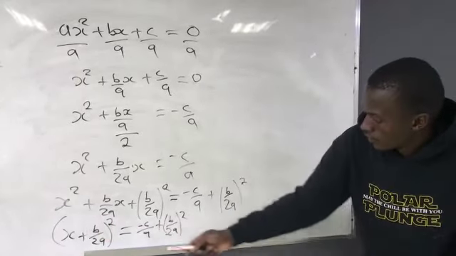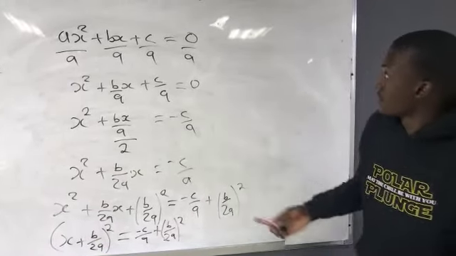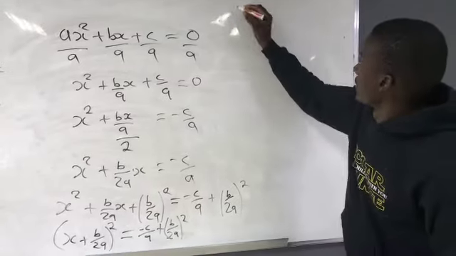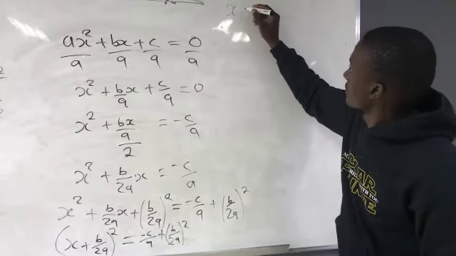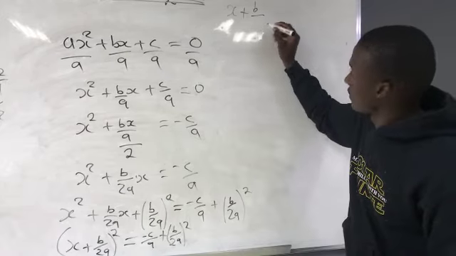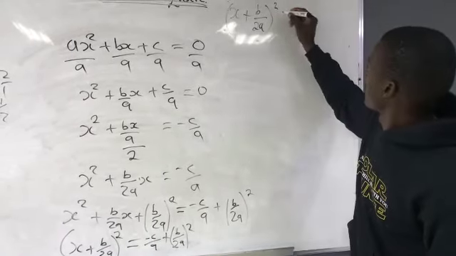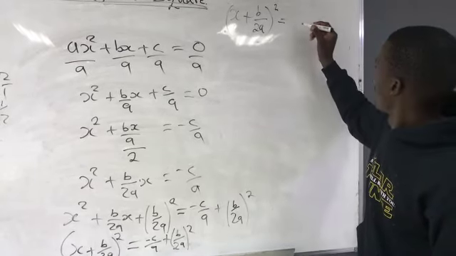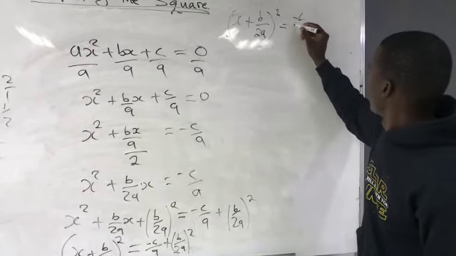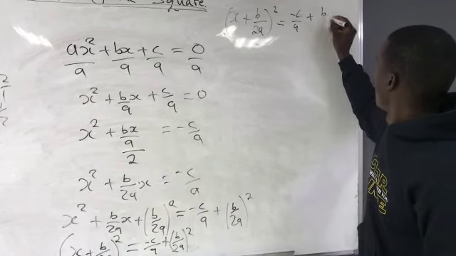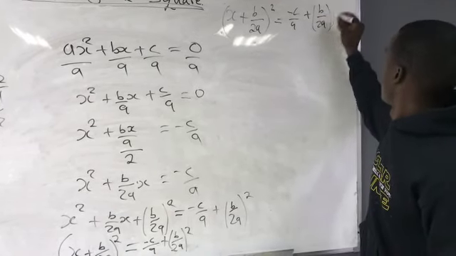Write it there, and when you look at this, I haven't changed anything. It's still the same. Let me just write it here again: x plus b over 2a squared is equal to negative c over a plus b over 2a squared.